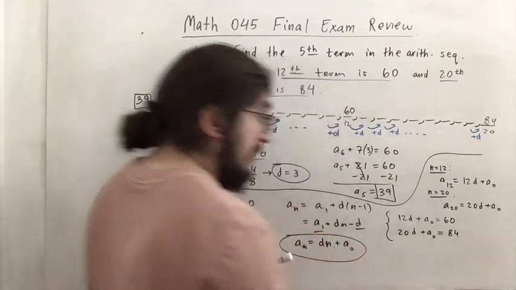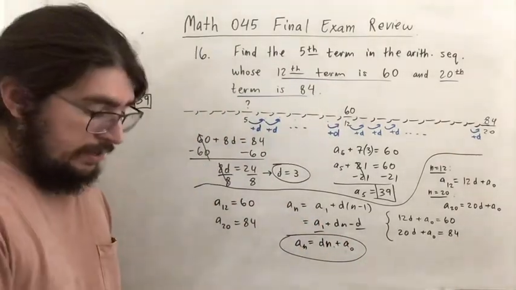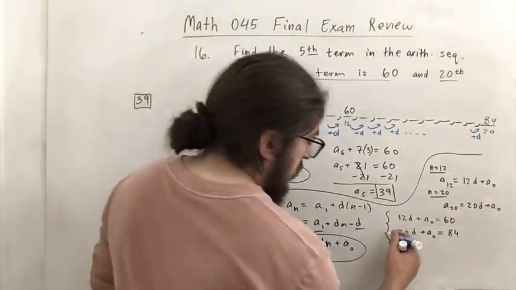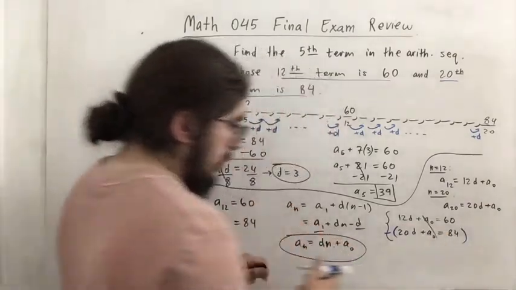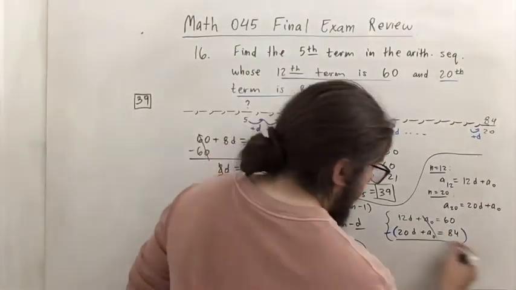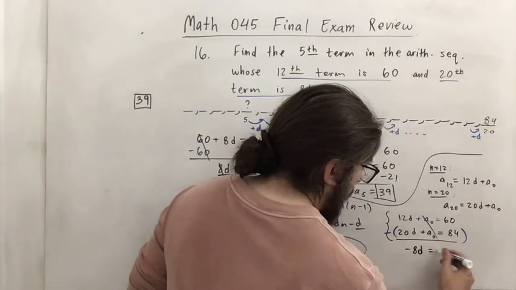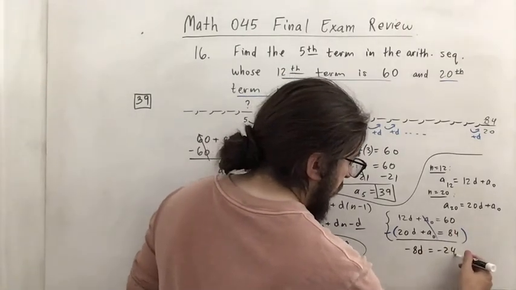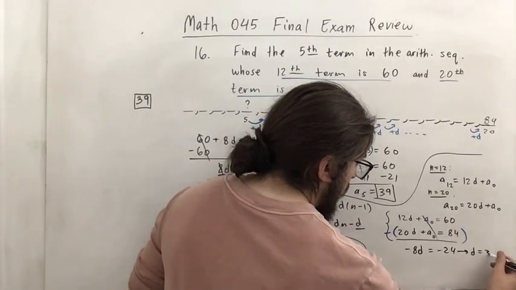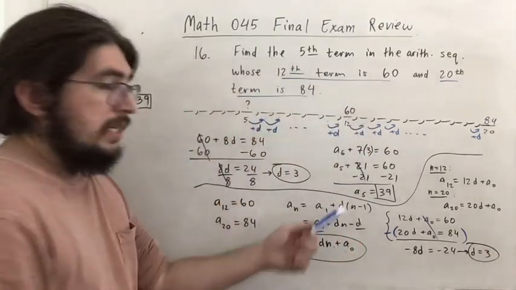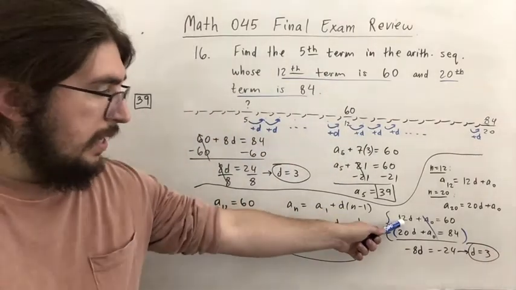So in fact, this is just a system of equations. When we know how to solve these, we can just subtract to cancel the a0s. So we get 12 minus 20, which is negative 8d, equals 60 minus 84, that's negative 24, divided by negative 8, you get d is 3. Perfect. Plug back in to find a0. Let's plug into the top one.